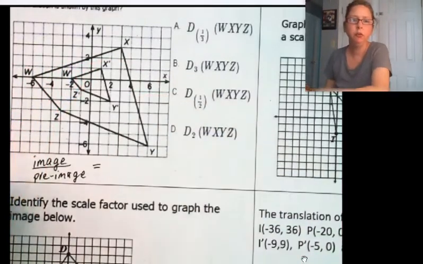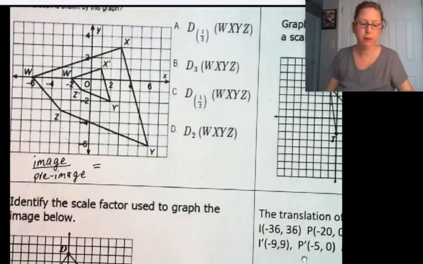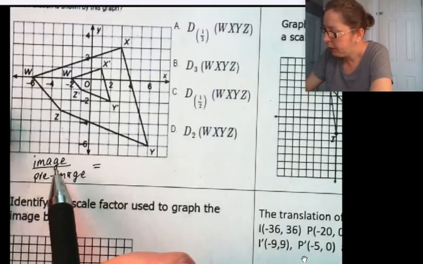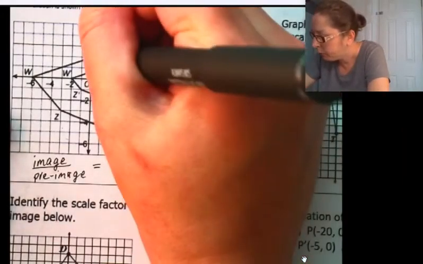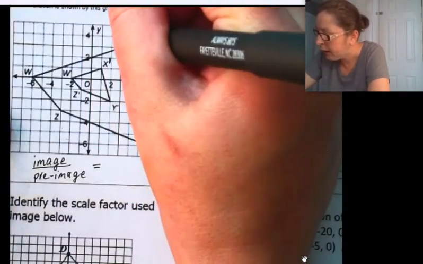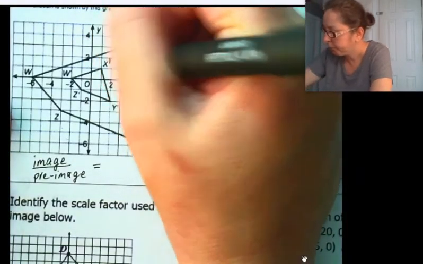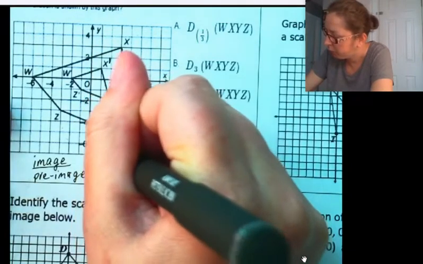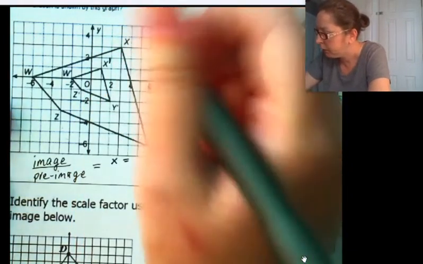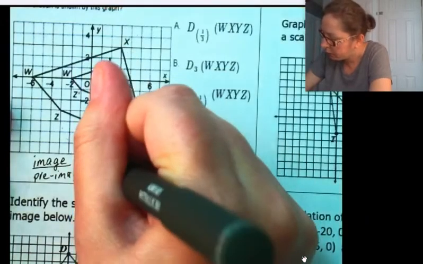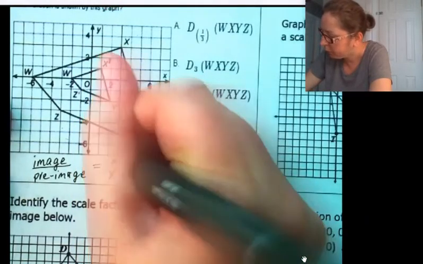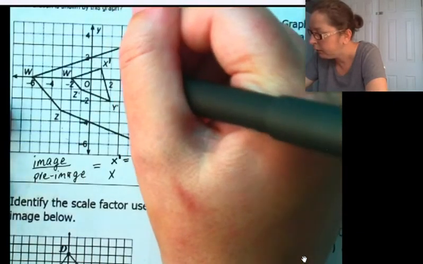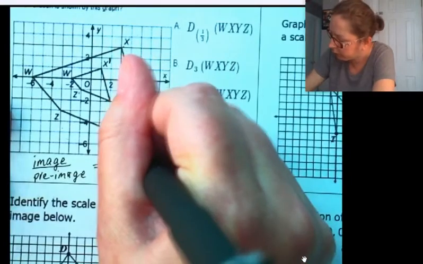So now what I need to do is choose a point. I'm going to choose, I guess, the X value. Okay, so my X value, the image is 3, 3.